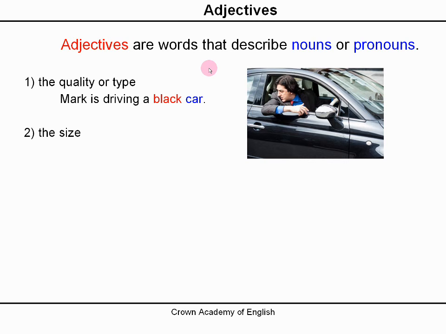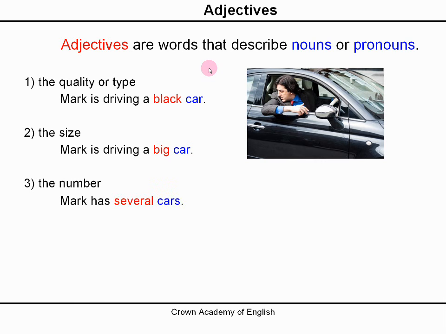An adjective can also describe the size. Mark is driving a big car. Or perhaps the number or the quantity. Mark has several cars. Possession. It is his car. Okay, so this is telling us that the car belongs to Mark.